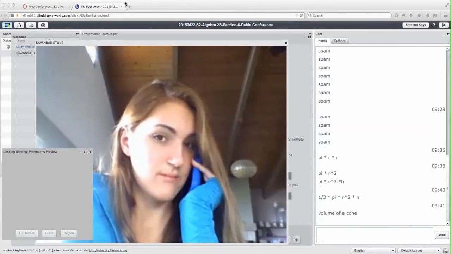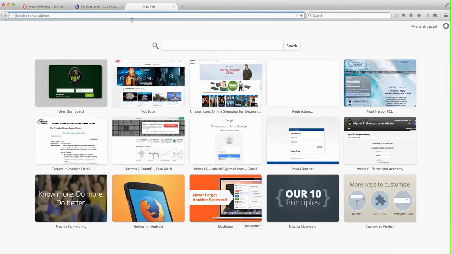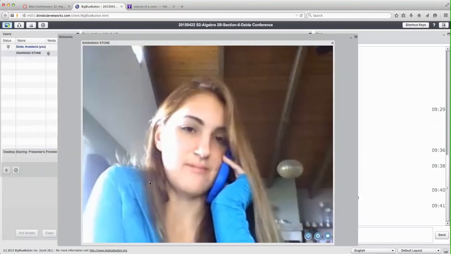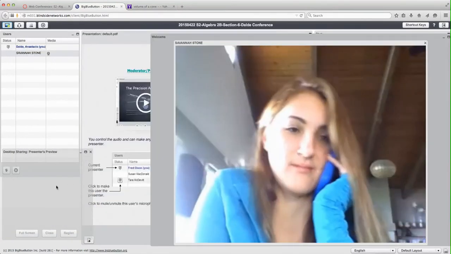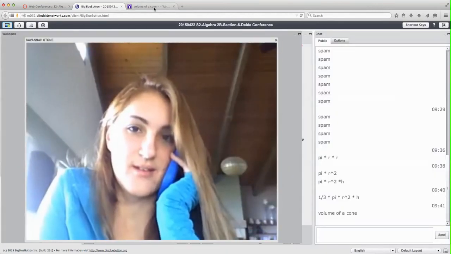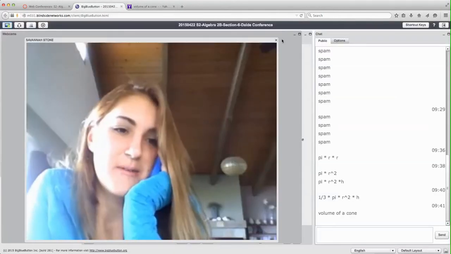All right, let me know if you can see my computer screen. Can you see my computer screen? Nope. It says I'm sharing my desktop. I can't see you or your desktop. I'm going to have to turn off your webcam and then we'll start that one up again.